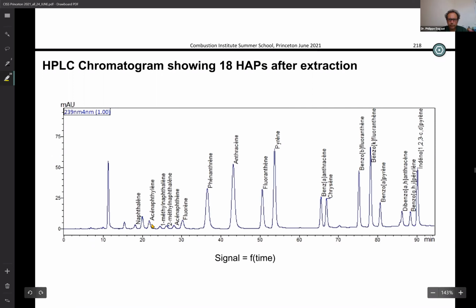So these are the different species that we were interested in. These are the EPA PAH that were measured. We used calibration standards in order to figure out where they were and how they responded in the UV.